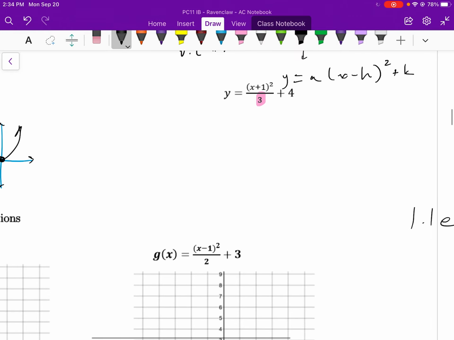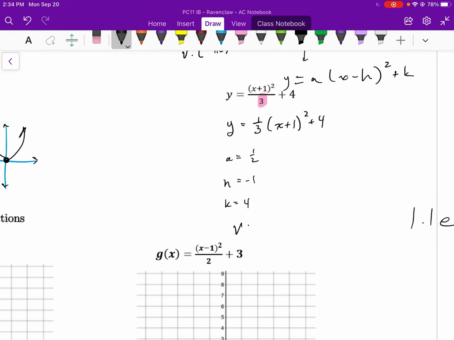Now, in the vertex form the coefficient A is in front. But suddenly I get this wonderful idea that dividing by 3 is the same as multiplying by a third. So yet again, if I look at this slightly differently, dividing by 3 is the same as multiplying by a third, and we're able to pick out our A, H, and K values relatively straightforward.